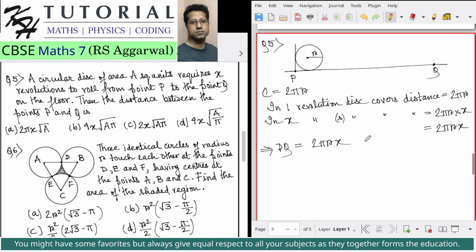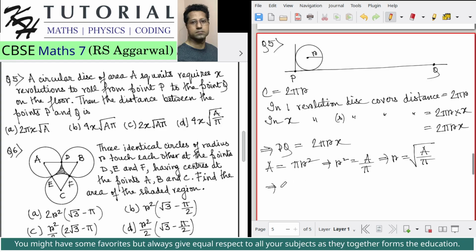Now we have to find r. We don't know r, but the area of the disk is given, which is A, and from there we can easily find r. Area of the disk is pi r square. So r square is equal to A by pi. This implies r is equal to square root of A by pi.